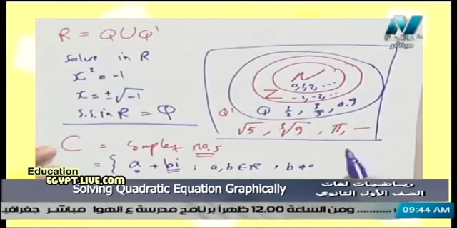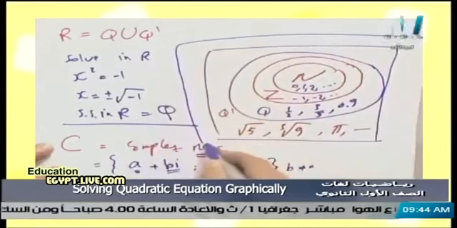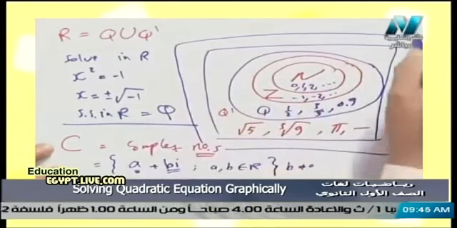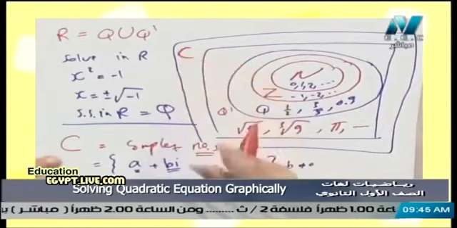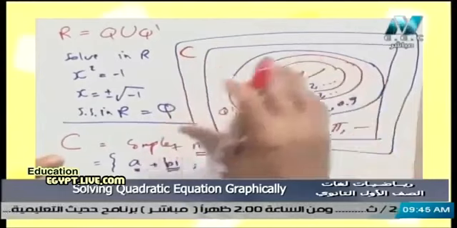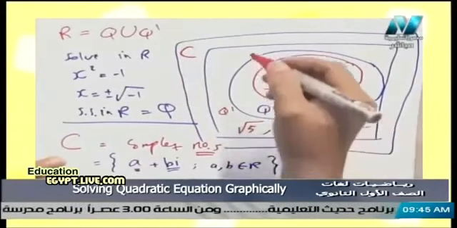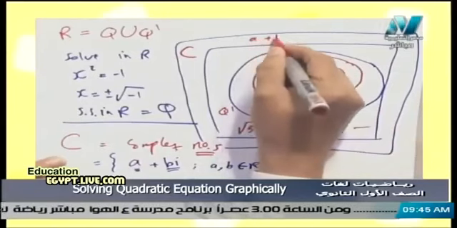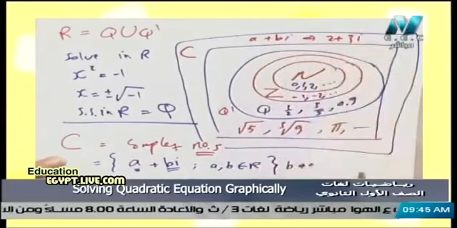So we have a big set of numbers, bigger than the others, called C, and C, my dear students, includes all these numbers, but also any number that can take the form A plus Bi, as an example 2 plus 3i.